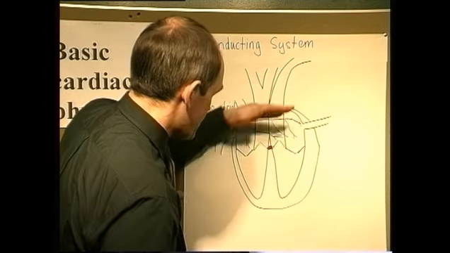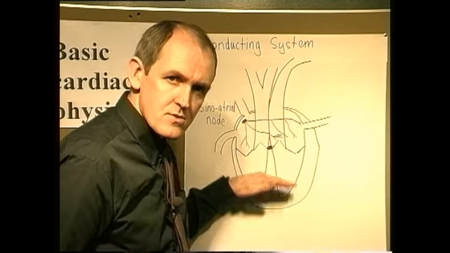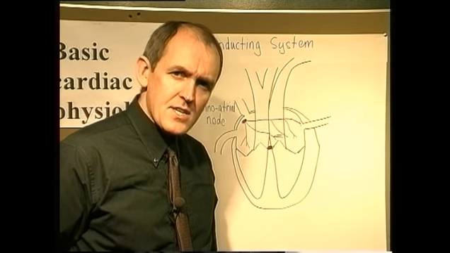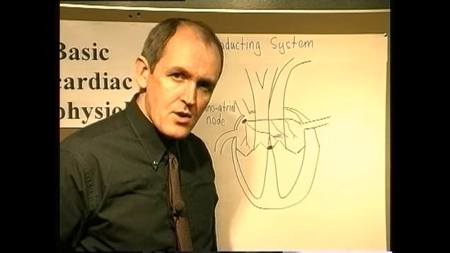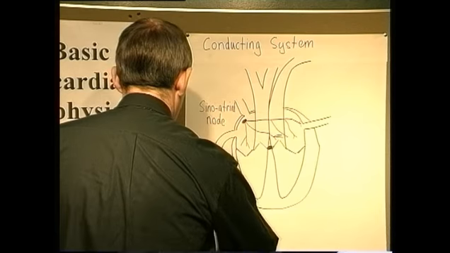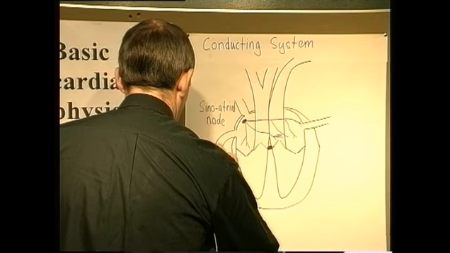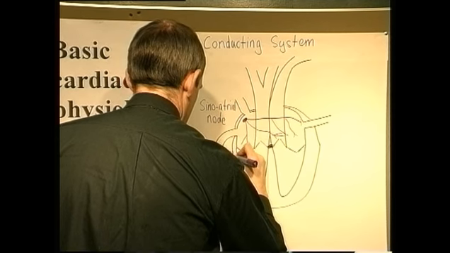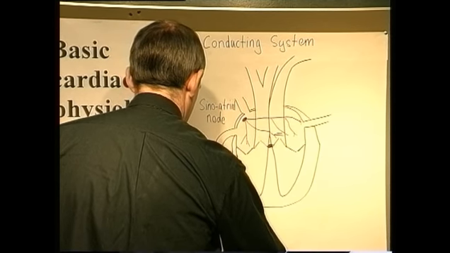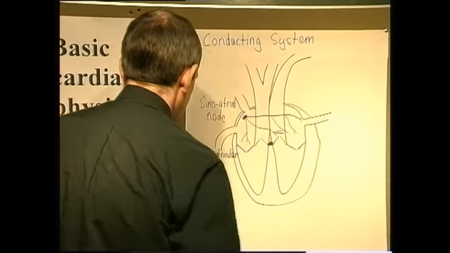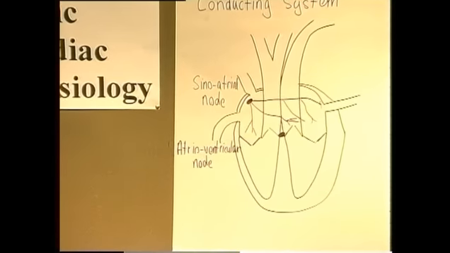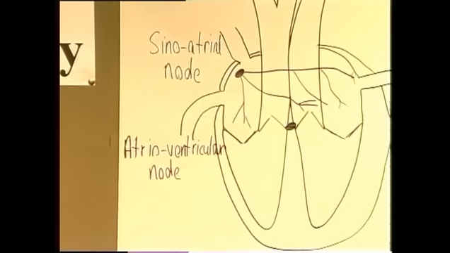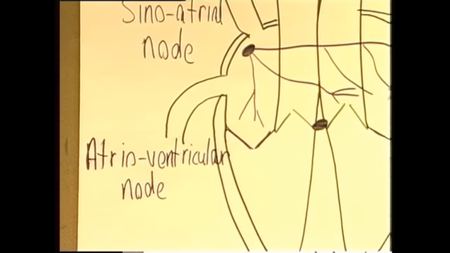And because this node is between the atria and the ventricles, it's referred to as the Atrioventricular Node. So the atrioventricular node between the atria and the ventricles.